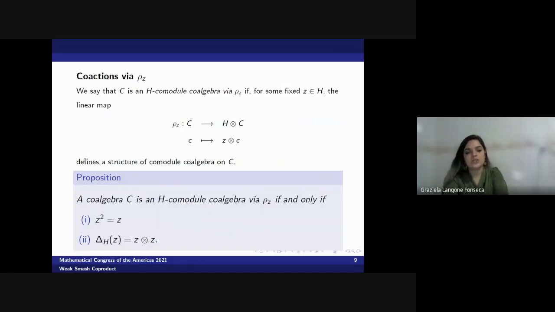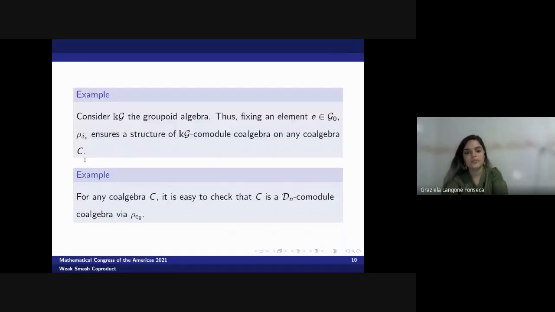This next result says that a coalgebra C is an H-comodule algebra via rho_z if and only if z is an idempotent element and delta of z is z tensor z. Here we have two examples of comodule algebras via rho_z.